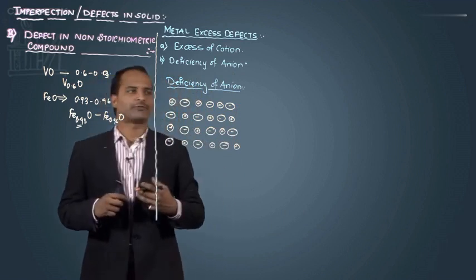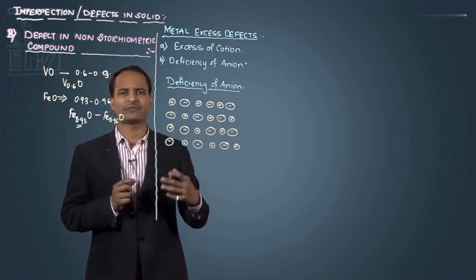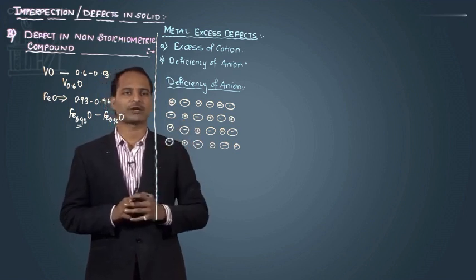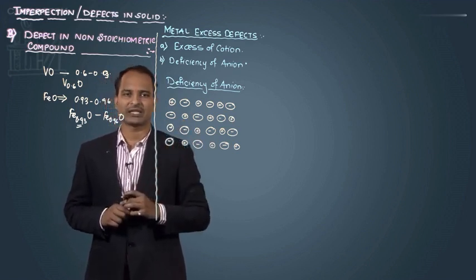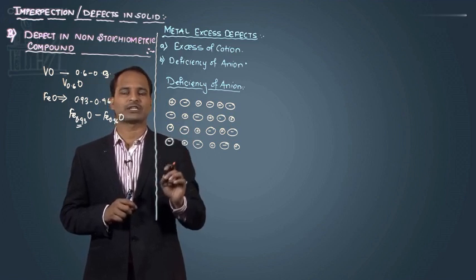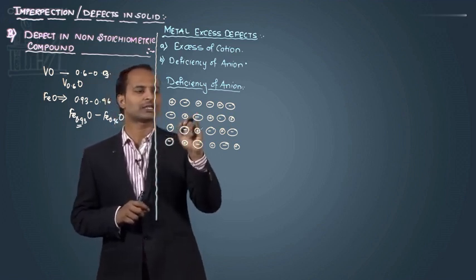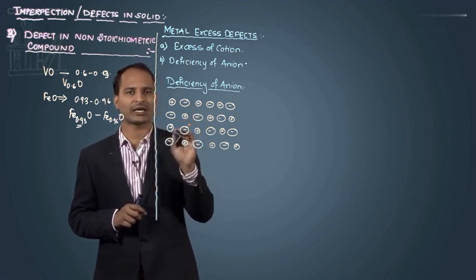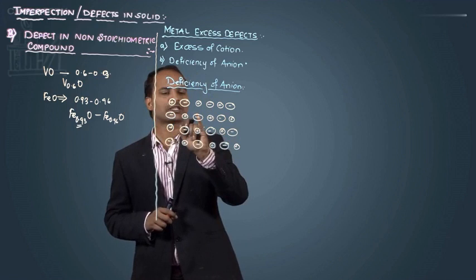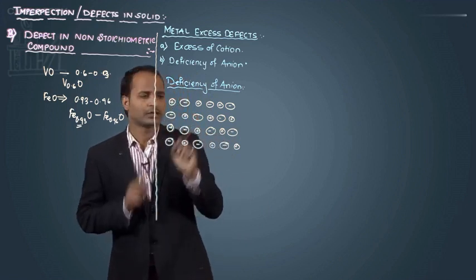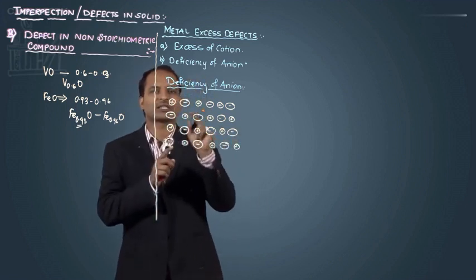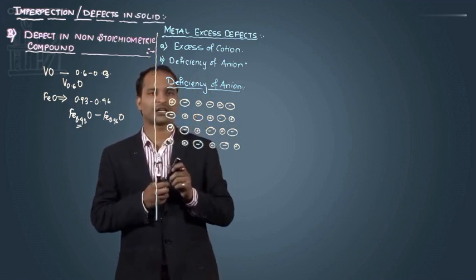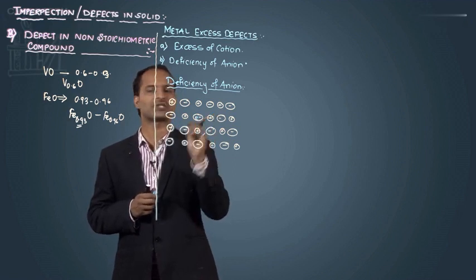What happens in the case of deficiency of anion is that the anions are missing from their places. For example, there is an anion, and this anion migrates from here so that a vacancy is created. When the anions are missing, that space is occupied by an electron. So the electron comes here and occupies the space left by the anion. The electron is trapped here.